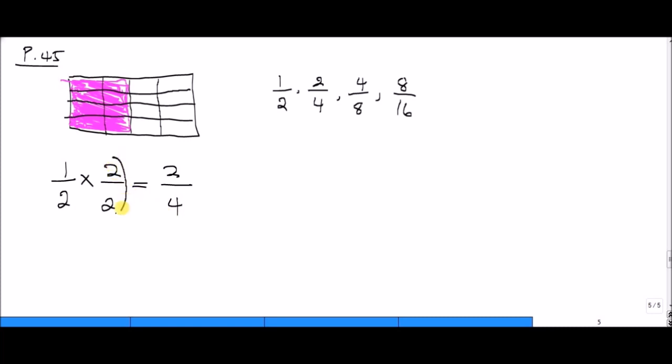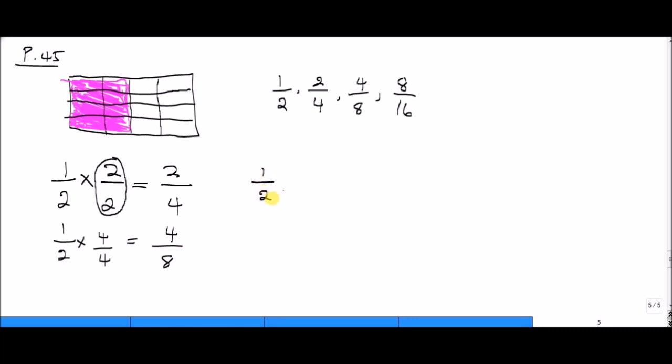So, using the factor 2, we can multiply the numerator and the denominator to come up with an equivalent fraction 2/4. Again, we could multiply by 4, coming up with an equivalent fraction of 4/8. 4 ones being 4 and 4 2s being 8.